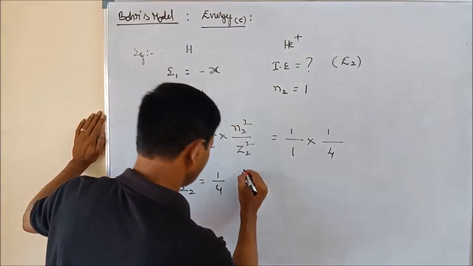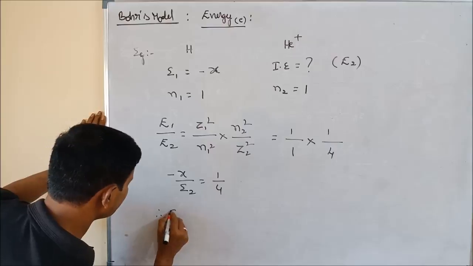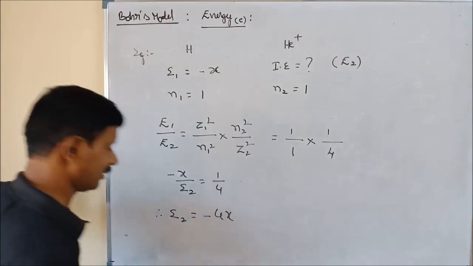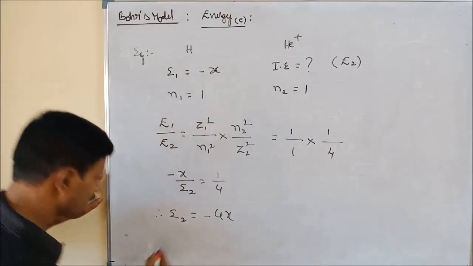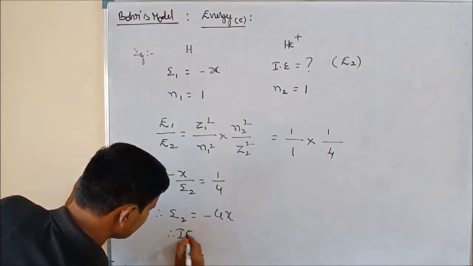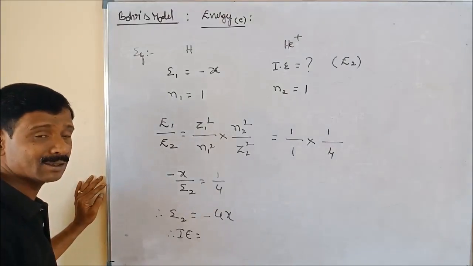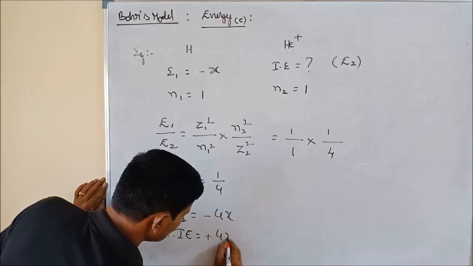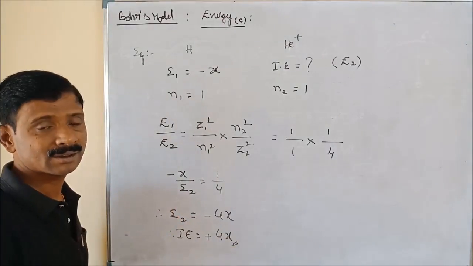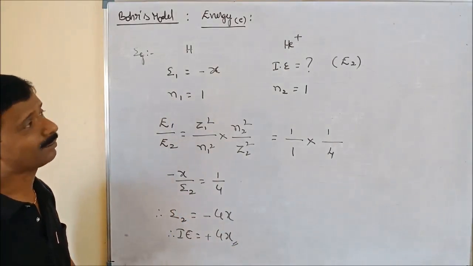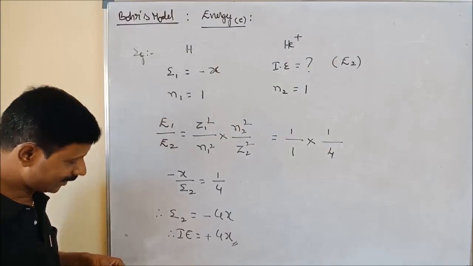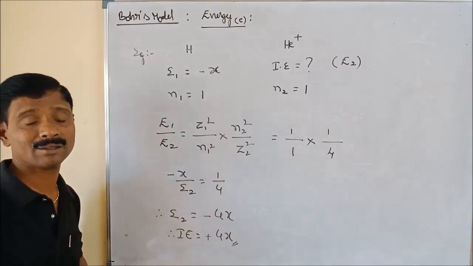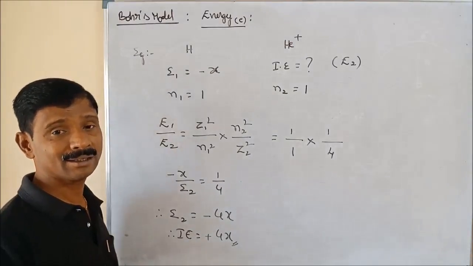Therefore, E2 equals minus 4x. Therefore, the ionization energy, which is minus of the energy of the electron, means plus 4x. That means if you want to remove that electron from He plus, we require energy of 4x, if the energy of the electron in hydrogen atom is minus x.